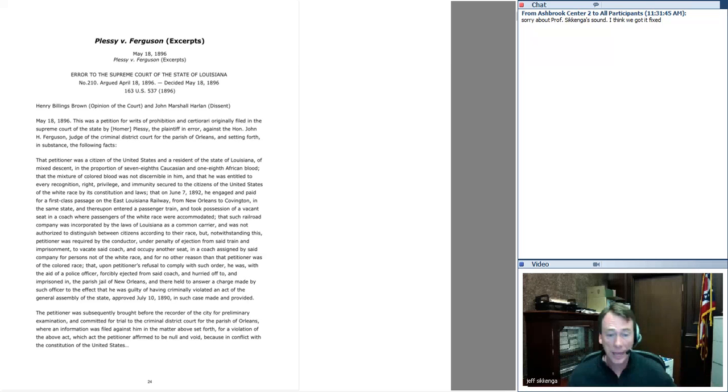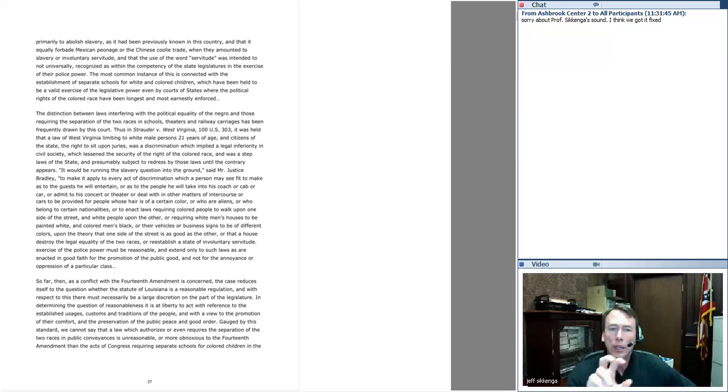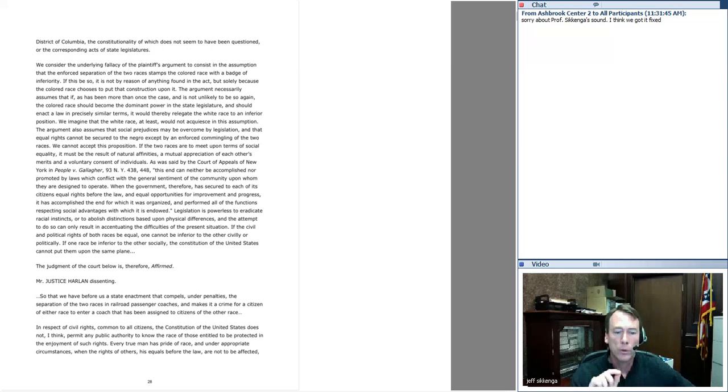And that's what the paragraph I have here in front of us is where he talks about that. His very famous discussion of the colorblind law. And he says the law must treat people the same without regard to race.